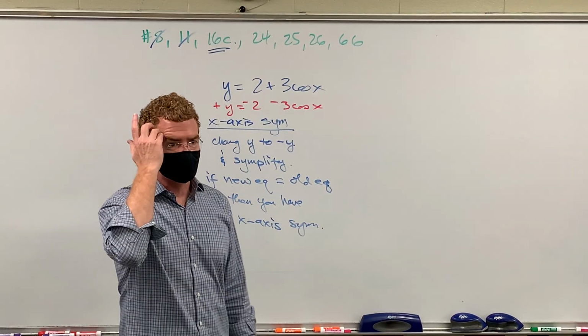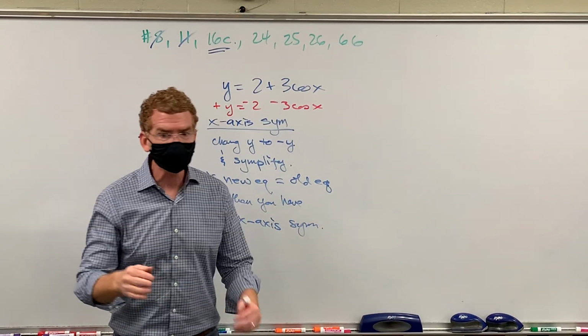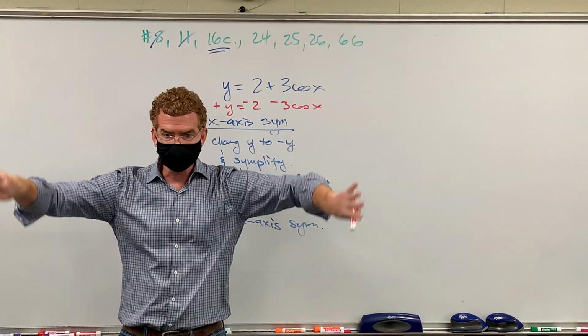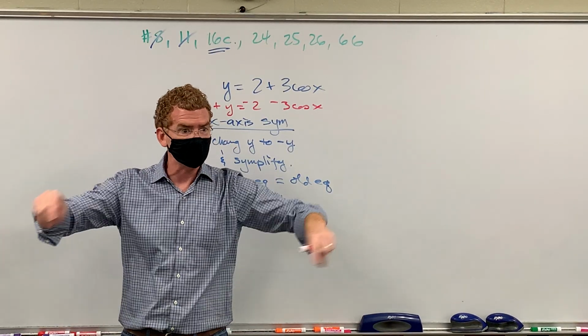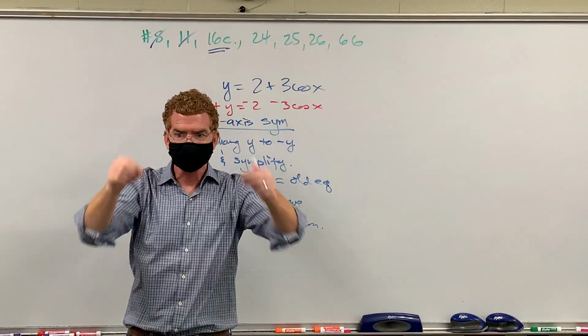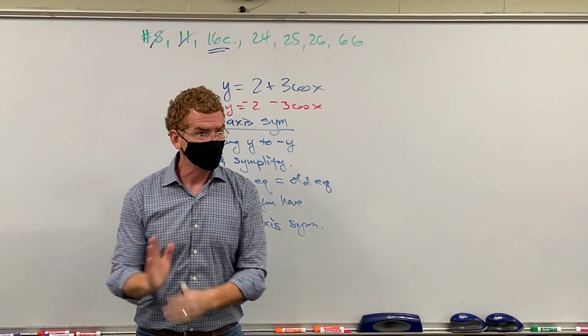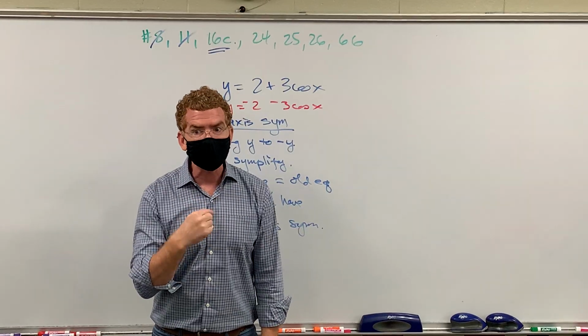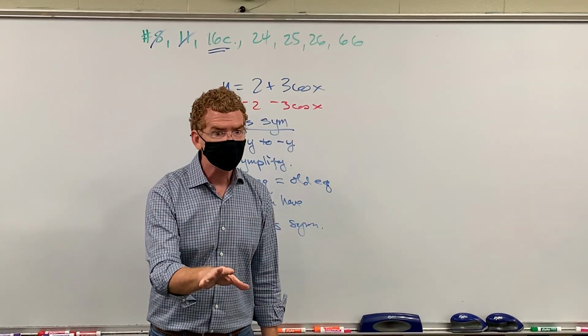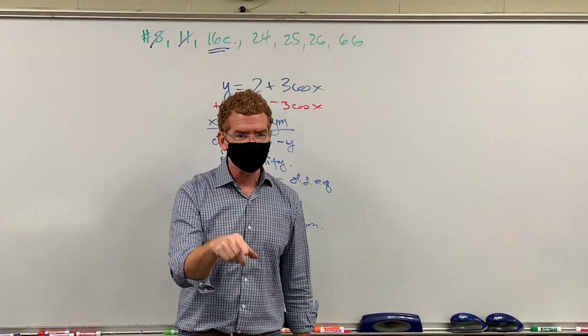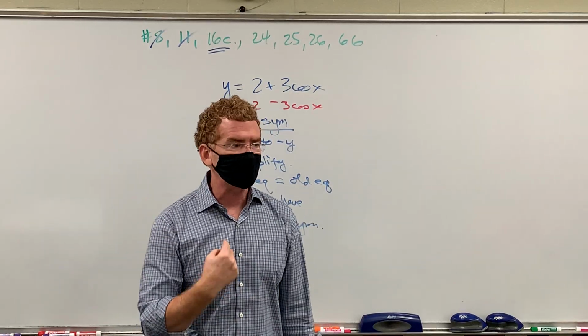Now what about y-axis symmetry? We learned that cosine functions, basic ones, do have y-axis symmetry, don't they? Because they start a little high on the y-axis. And this one did not have a shift left or right, so it's still there. So based on what I know about graphing cosine, this is going to have y-axis symmetry.